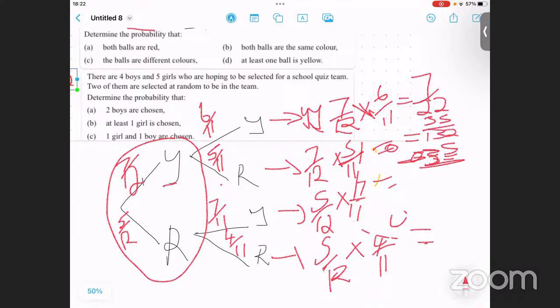And then this one, how much did you get for 5 over 12 multiplied by 4 over 11? I got 5 over 33. Okay.